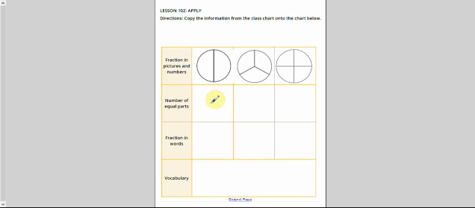How many equal parts I have in here? I have 2 equal parts, 1 and 2. What about in here? I have 3 equal parts, and in here we have 4 equal parts.